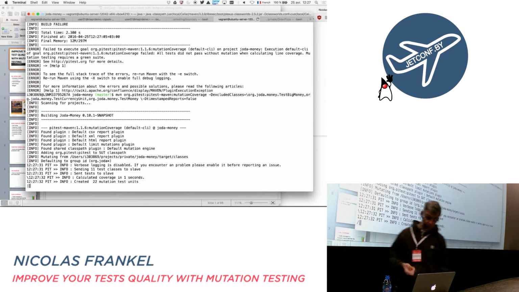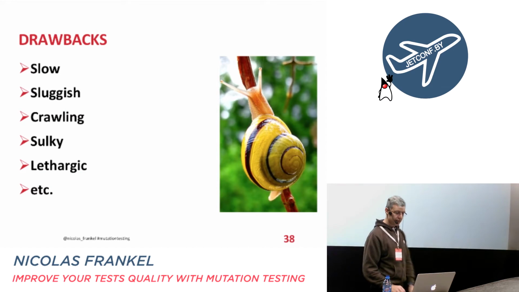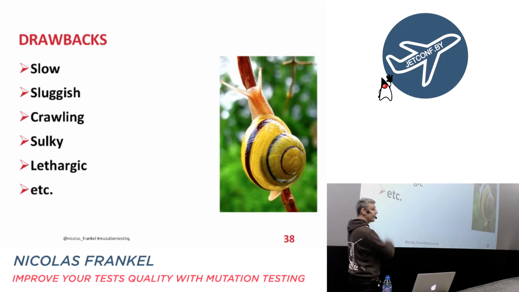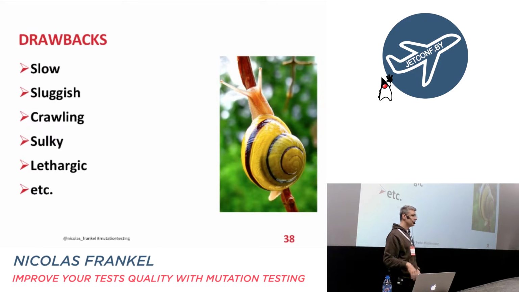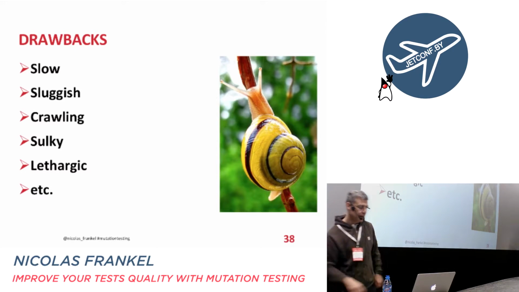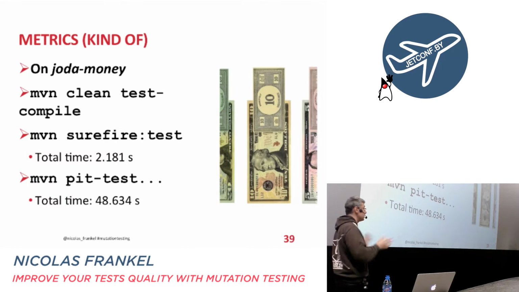And this is a real problem with mutation testing. It's very, very slow. You have all synonyms for slow here, right? Snail. Like a snail. So I added some kind of performance metrics measurement.